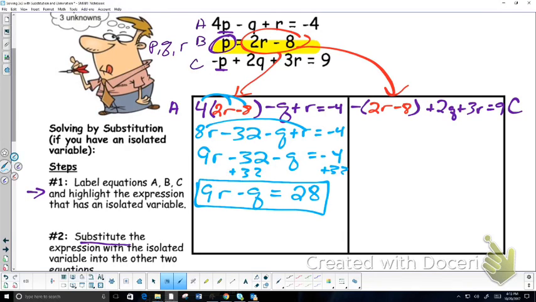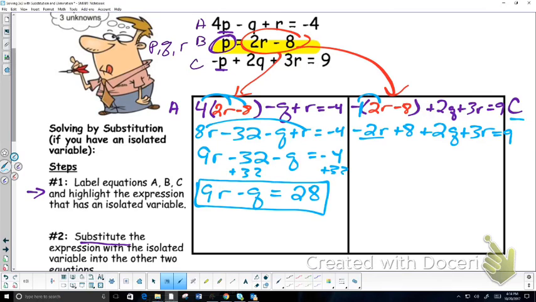Notice my p is gone. This is like equations we've been doing. So now if I come over here to my c equation that's been substituted into, I got -2r plus 8 plus 2q plus 3r equals 9. Please keep in mind, this is like having a -1 up in front, so that's why my -8 became a positive.